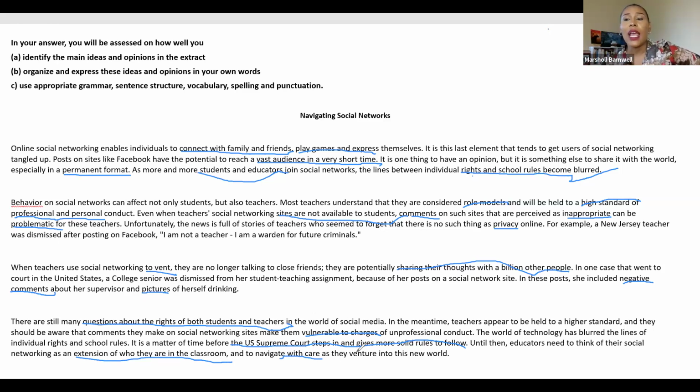And until then, educators need to be wary that their social networking is just an extension of who they are in the classroom, and they should be guided by the professional rules of conduct and navigate with care. So those are the sentences that I would have written down.